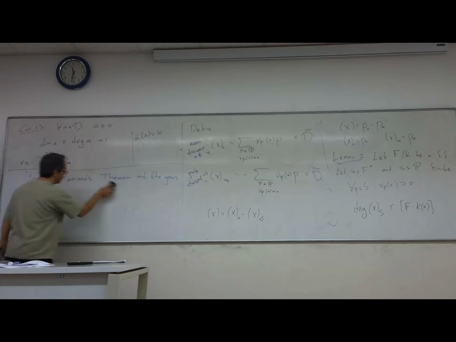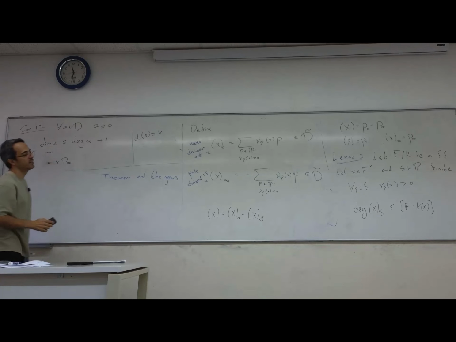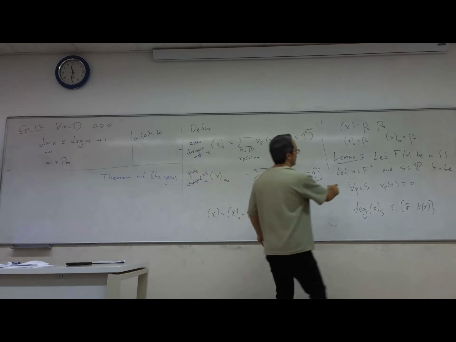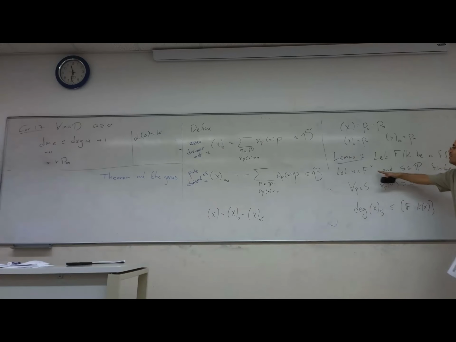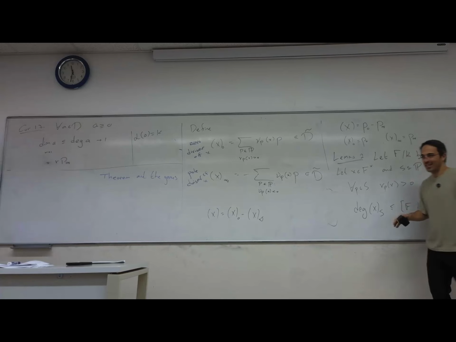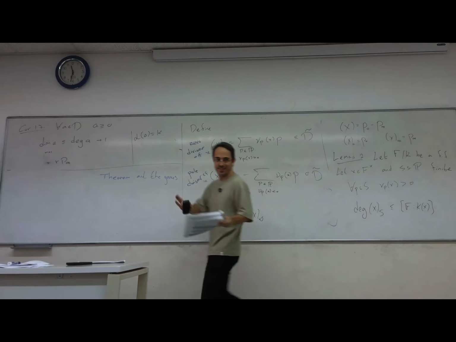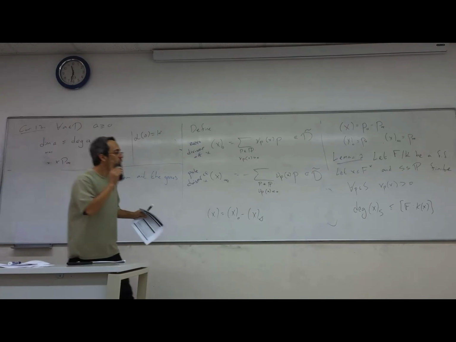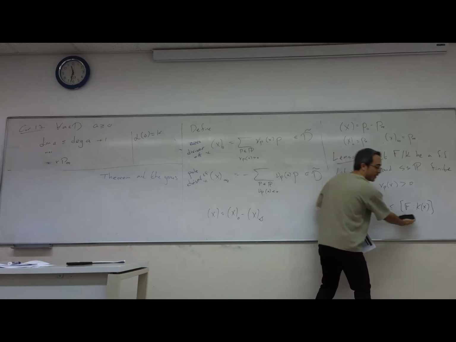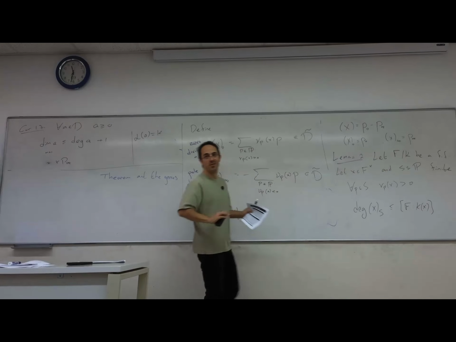Right, because it's a function field, and x is in it. Oh, you're right. Technically, if x is in k and not in f, but that's infinite. But if x is in k, then we know its principal divisor has no zeros anywhere unless it's the zero function. So only when x is in f and not in k is this a finite number, but that's the only interesting case anyhow.